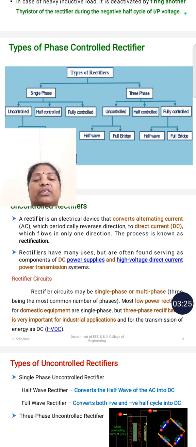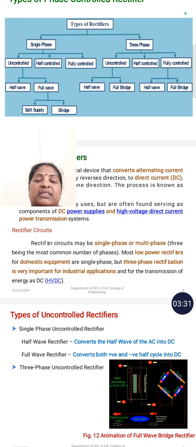Rectifier circuits may be single phase or multi-phase, three phase being the most common number of phases. Single phase is used in low power rectifiers for domestic equipment. But three phase rectification is very important for industrial applications and for high voltage transmission systems.